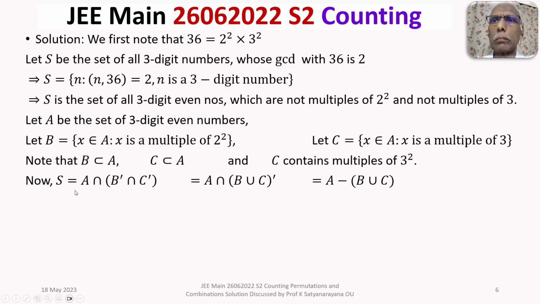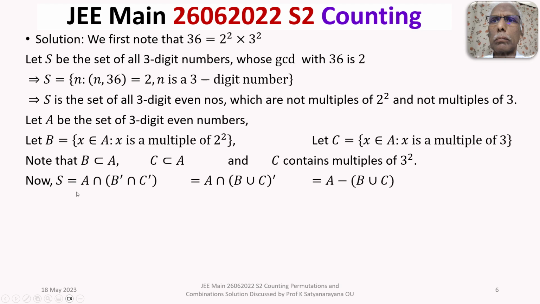Now, S is equal to A intersection, that means the set of all those three-digit even numbers, that is A, which are not multiples of 2 square. B is the set of all multiples of 2 square, so not multiples of 2 square will be B complement, and not multiples of 3 is C complement.